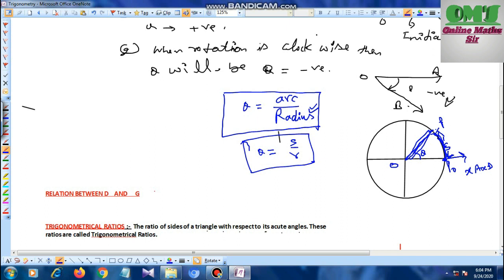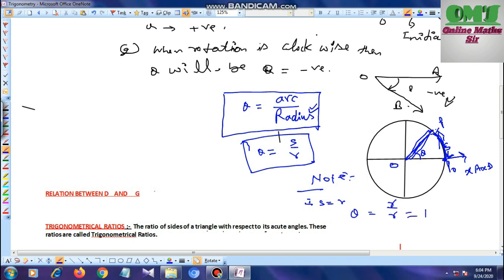But one more thing to note: if S equal to R, means length of arc is equal to radius of circle, then theta will become R upon R equal to 1.